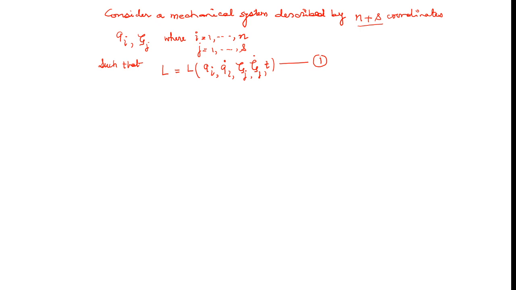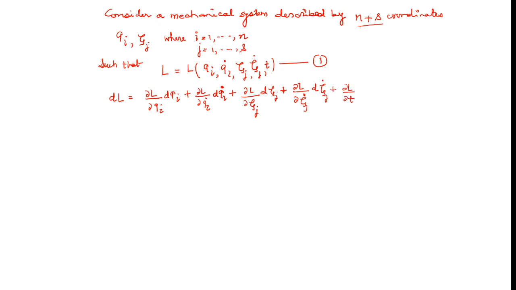From this Lagrangian I may find dL, the total derivative of L. First, I'll differentiate L with respect to qi, then dqi, plus the derivative of L with respect to qi dot, dqi dot, plus the derivative of L with respect to zeta j, d zeta j, then the derivative of L with respect to zeta j dot, d zeta j dot, plus delta L delta t.